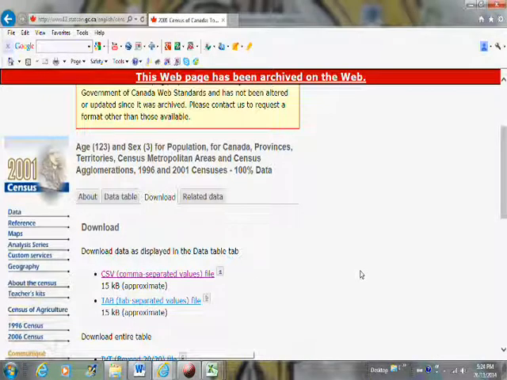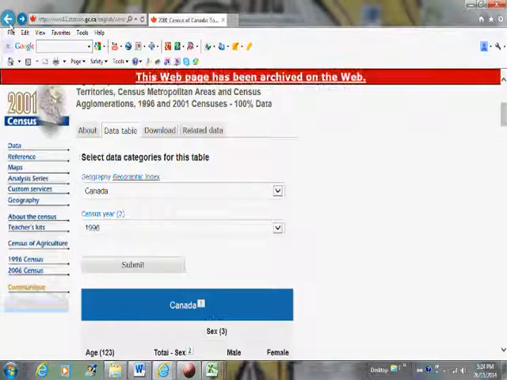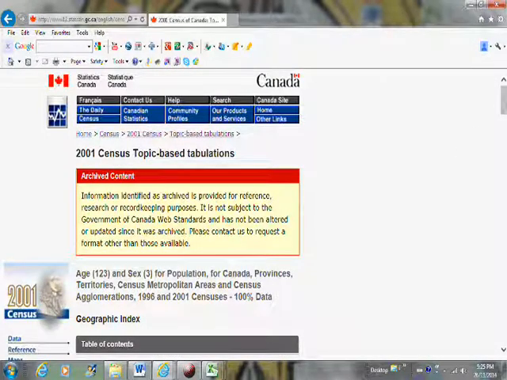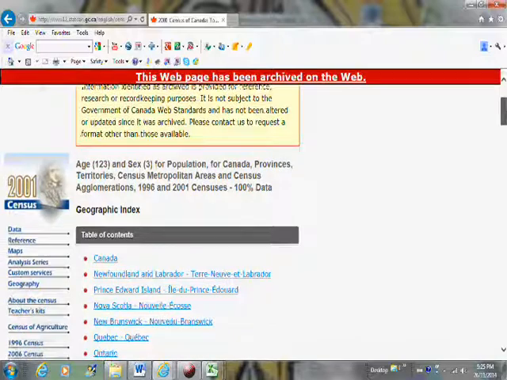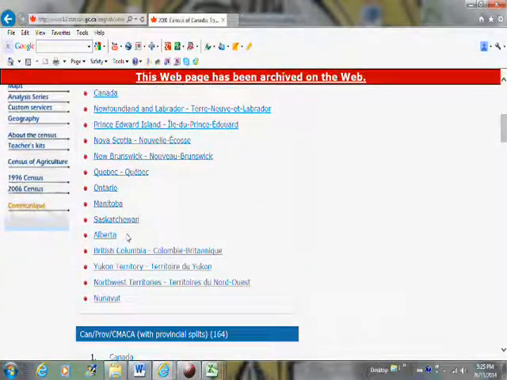We got it. Of course, as mentioned, you can go to a sub area within Canada, but again, if you're going to build a bridge back to 1996, you can only go through the census agglomeration, census metropolitan areas.